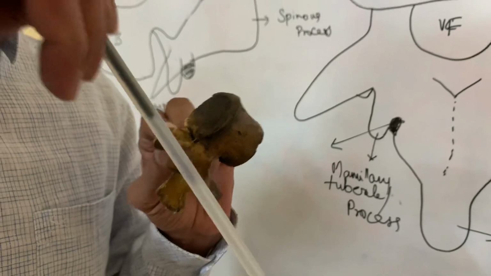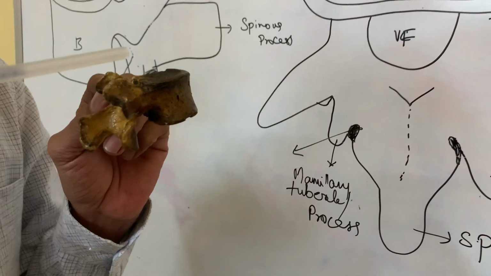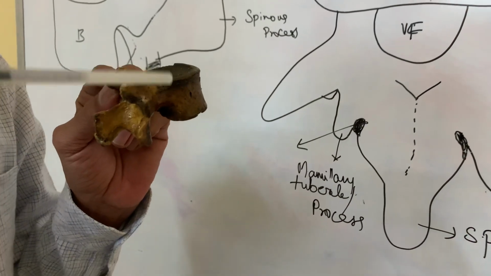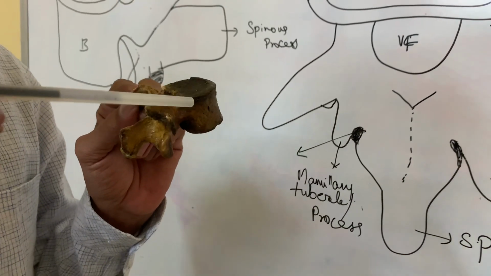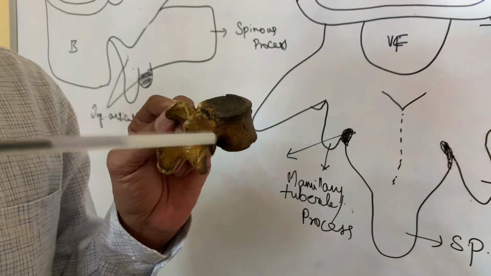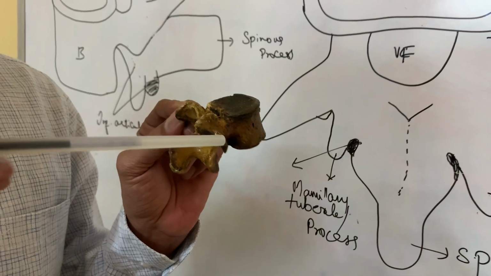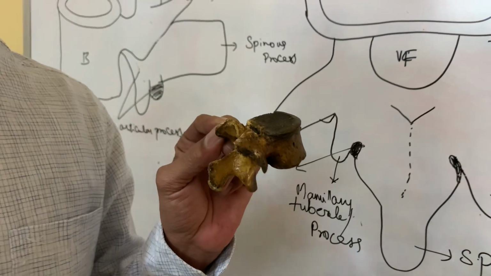The area lateral to it is the quadratus lumborum. And we have the medial arcuate ligament of the diaphragm extending from the bodies of the first and second lumbar vertebrae to the tip of the transverse process of the first lumbar vertebra, and from here the lateral arcuate ligament, which is attached to the lower border of the 12th rib.